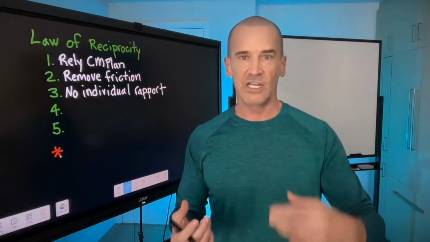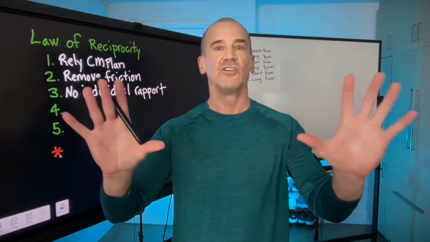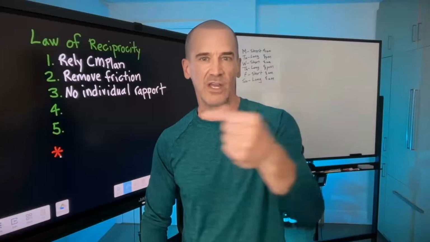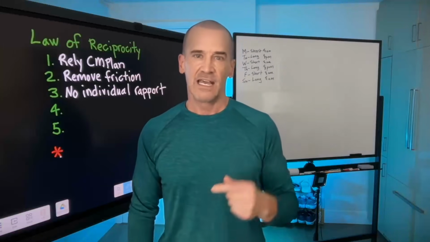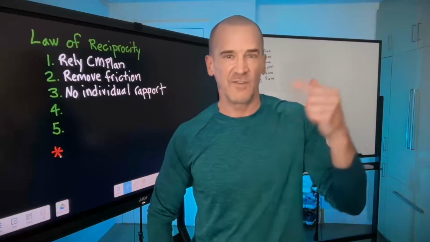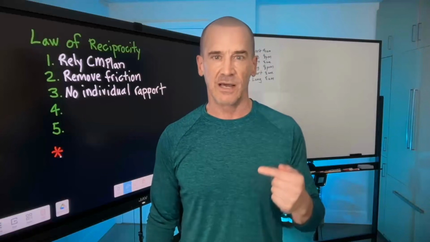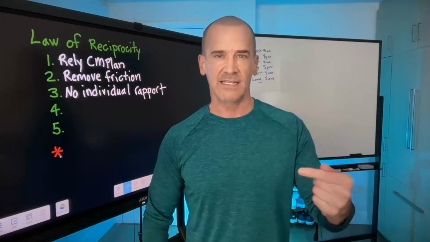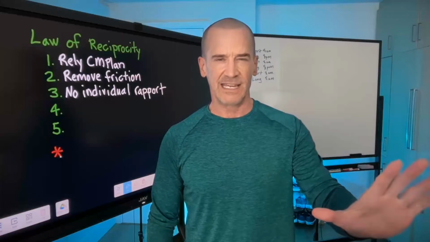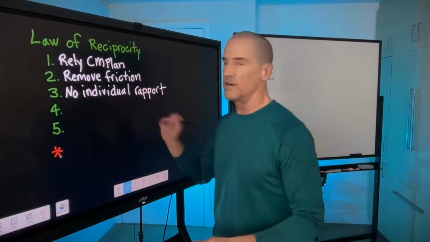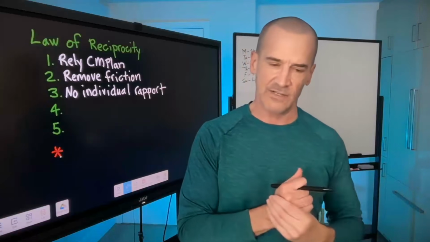The relationship is between you and your class as a whole, not between you and individual one-on-one students. This is especially true with difficult students. We're going to talk about difficult students more and more in the coming weeks, especially as the new year begins. And so wait for that, but no individual rapport with any student in your classroom.